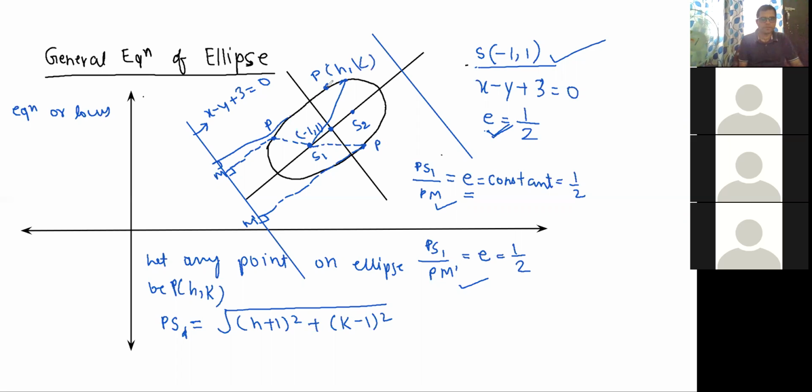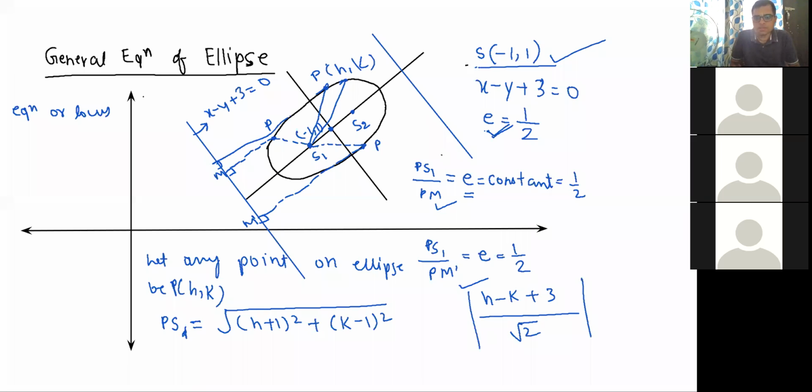So we have first calculated this distance PS1. Now you calculate the distance of P from the straight line. So you know the formula for the distance of a point from a straight line, you have done it. It will be h minus k plus 3 divided by root 2, mod.